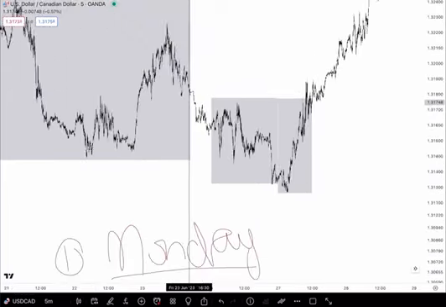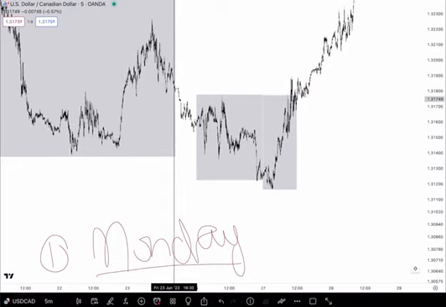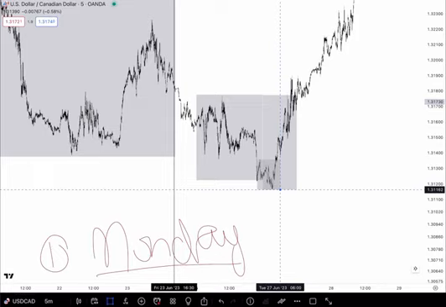But anyway, we're focusing on another one, which is the range opening price of the week, decline opening price of the day as well. So we're double discount. We're under the opening price of the week and the day. This is where the range is forming over here. Range, turtle soup of the range. Classic, you've seen me do this a million times, and you will see me do it 10 million times more.